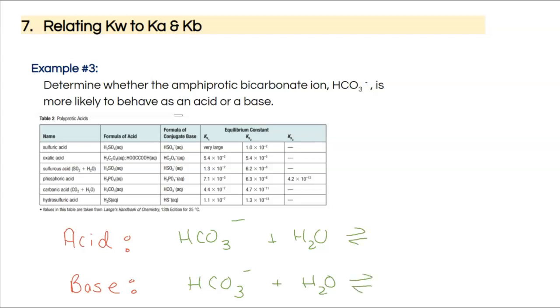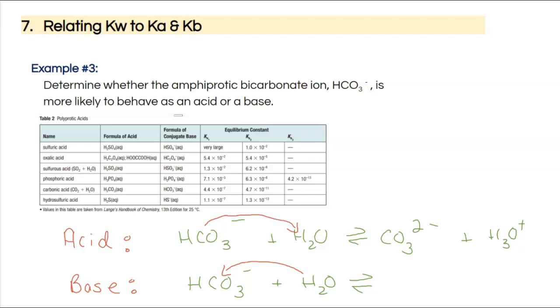And so if it's acting as an acid, we know acids are proton donors. And so as an acid, my bicarbonate's going to donate a proton. And as a base, it's going to accept a proton. So completing the rest of these reactions, I end up with the carbonate ion and a hydronium. That makes sense, right?